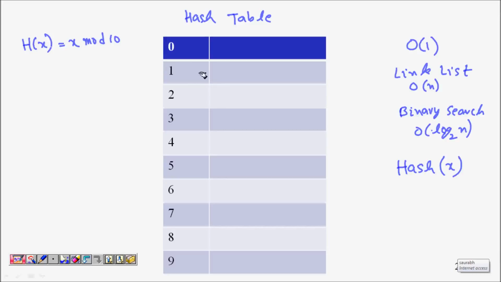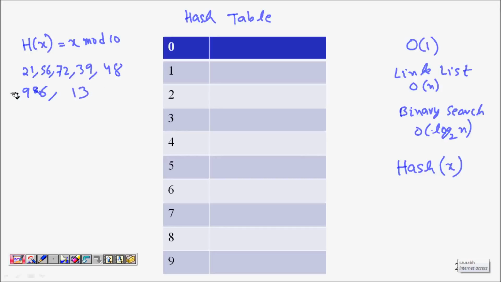Now we take some inputs: 21, 56, 72, 39, 48, 96, and let's say 13.